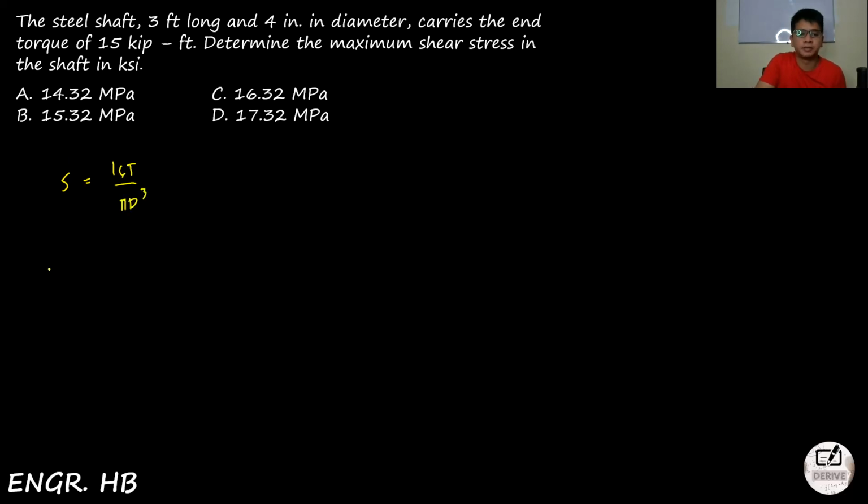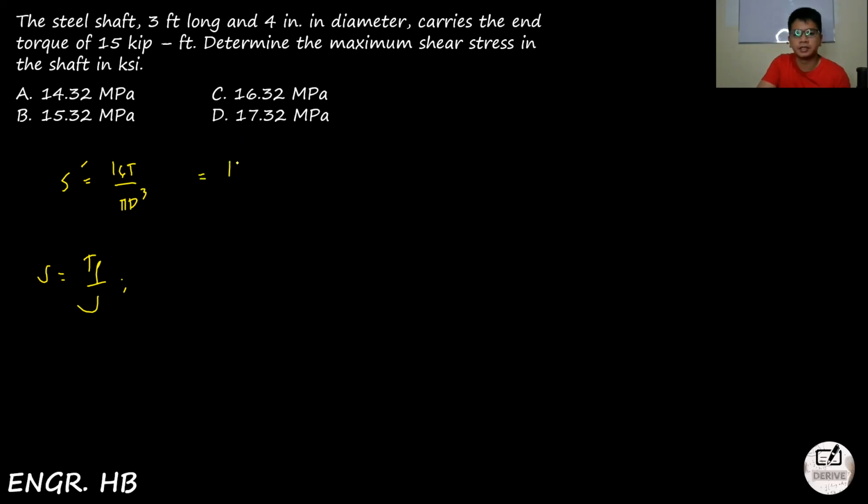Now, originally, nagmula si torsional stress sa formula na T rho over J. And syempre, depende na rin sa J or the polar moment of inertia ng material mo. Karaniwang ginagamit na shaft is circular. So dito na derive yun basta circular. So that will be 16T over pi d cube. At ang hinahanap is the maximum shear stress. So isa-isayin natin.